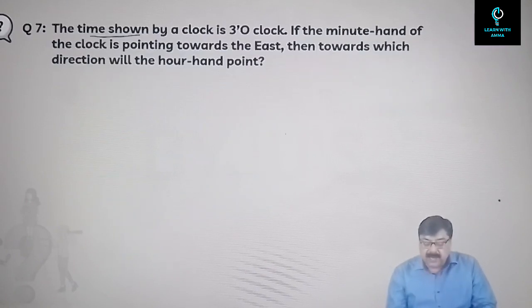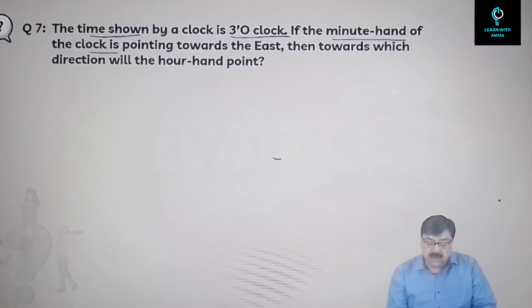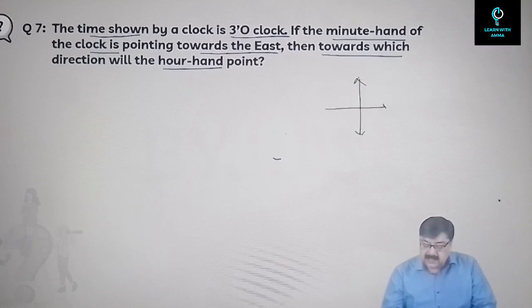Now the time shown by a clock is 3 o'clock. Now we are talking about analogous clocks, not digital clocks. If the minute hand of the clock is pointing towards the east, then towards which direction will the hour hand point? Now you know, let us say that this is north, south, east and west.